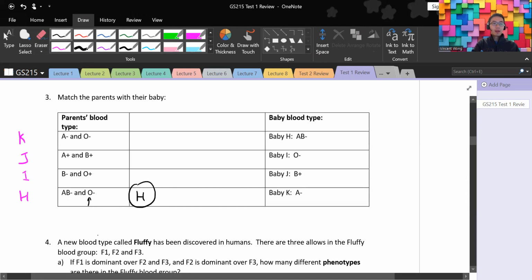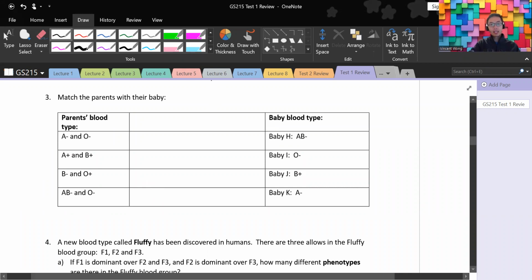Because one of the parents is type O, and type O individuals cannot have an AB child, right? Because in order to have a type AB child, you have to either contribute an A or contribute a B, right? So someone who has type O will not be able to do that, right? So probably not H. But that's okay. It was a good try. Thank you for sharing.